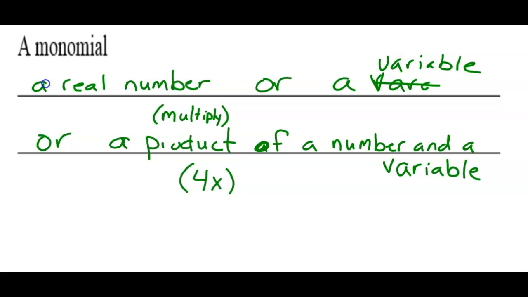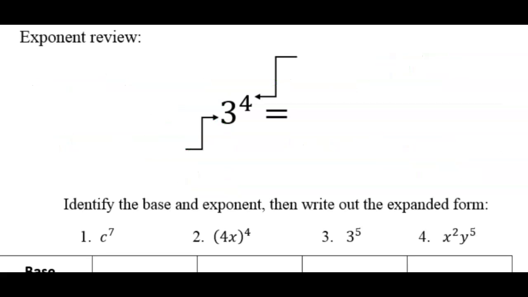It's also important that we know what an exponent is and how to write it. So an exponent is this little number here. Notice that it is raised up and it is smaller. If it is not raised up and smaller, it is not an exponent. This is called our base.